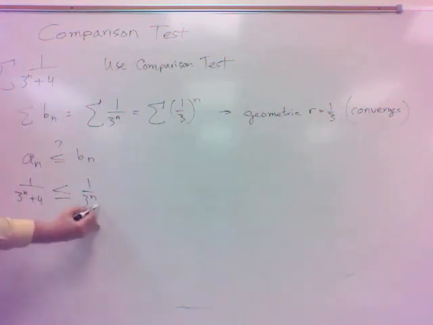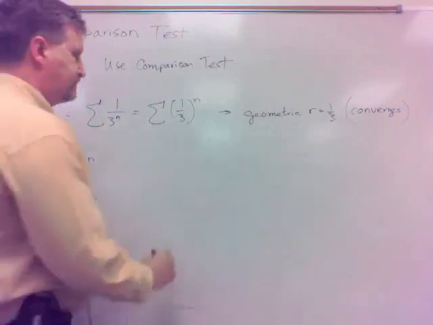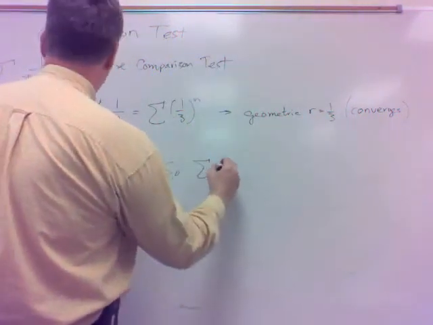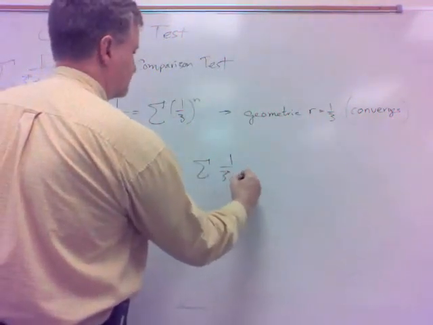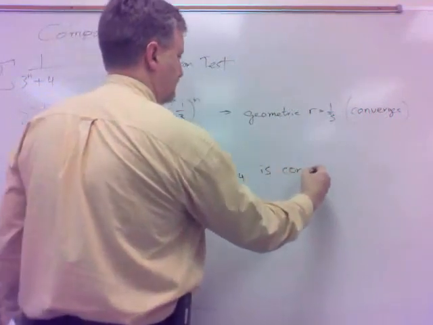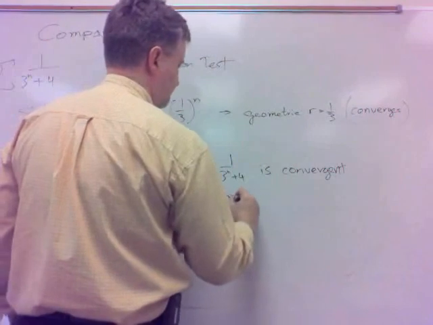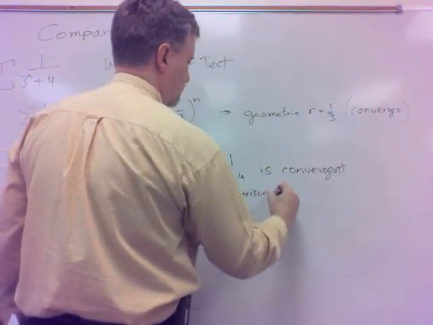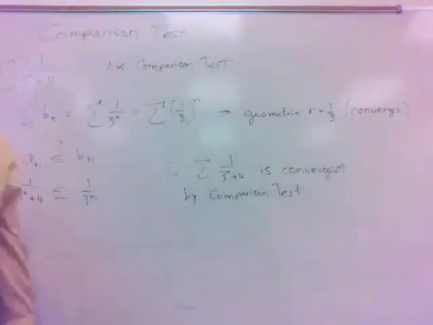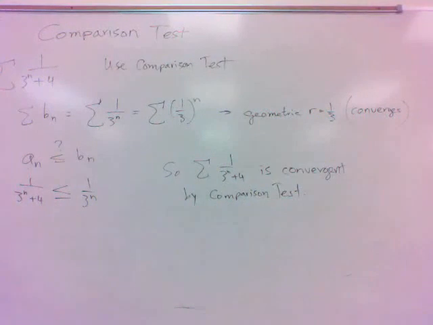This is adding 4 to the denominator over here, so we've got a bigger denominator. 1 divided by a bigger denominator is going to be smaller, isn't it? So the denominator is bigger, therefore this term would be smaller. So this is another convergent series by comparison test. Okay? Get the idea? All right.